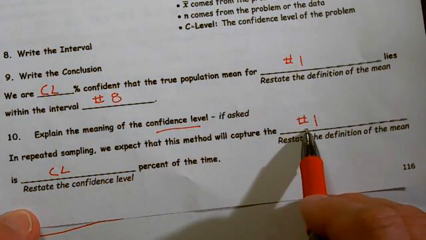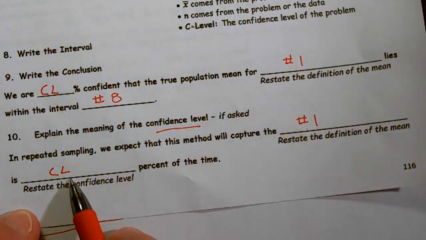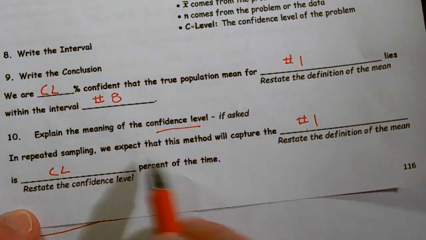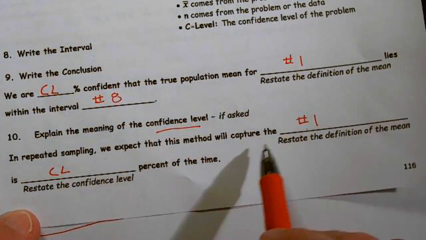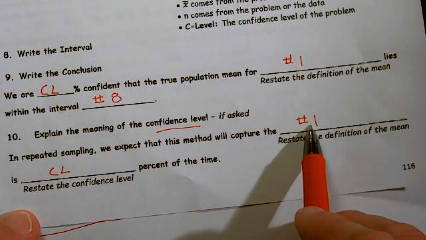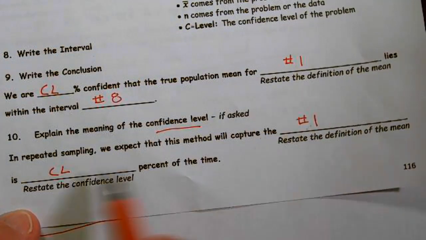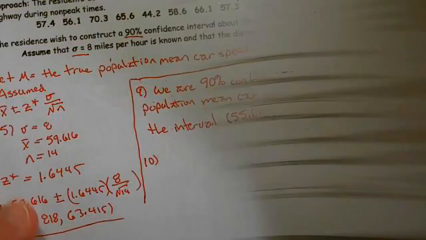Then we're going to say the definition we wrote in number 1 again, followed by our confidence level percent of the time. So if it's been typed, we copy that directly, and then we're going to fill in whatever our definition for number one, and then our confidence level.